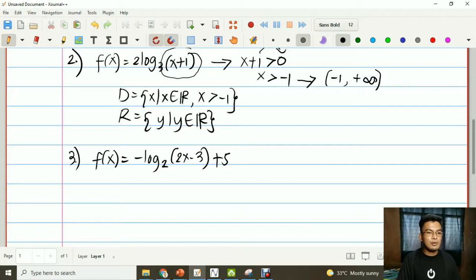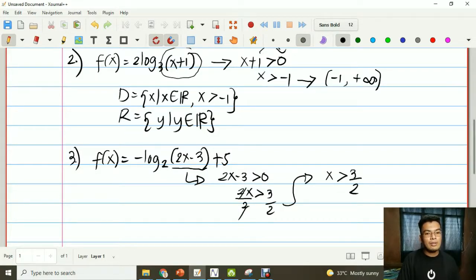So consider natin yung argument na to. This will be 2x minus 3 should be greater than 0. So i-transpose natin si negative 3 sa right side ng ating inequality symbol, and then divide both sides by 2. Ang makukuha natin na inequality ay x is greater than 3 all over 2.